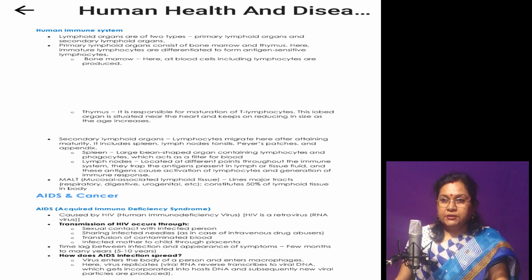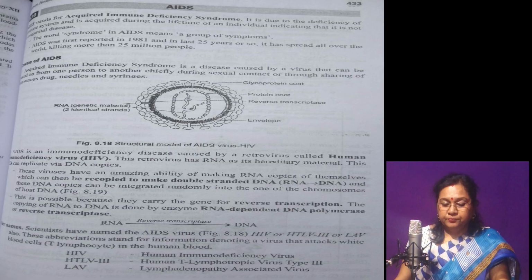Now let us discuss AIDS, acquired immunodeficiency syndrome. This disease was first reported in USA in 1981, and about 25 million people have been killed in the last 25 years.